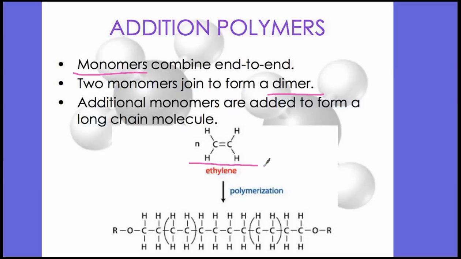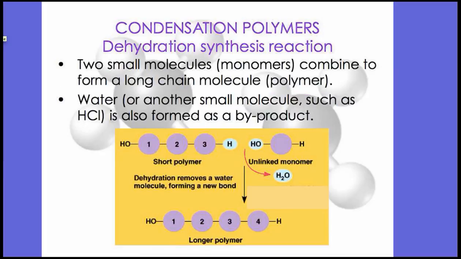When these guys link together, it adds another bond, so we get rid of this double bond. Can you see that there's 6 pieces here to this polymer? So there are 6 monomers linked together in this diagram to make a polymer. Is that okay? Visually we're good? You can see that.